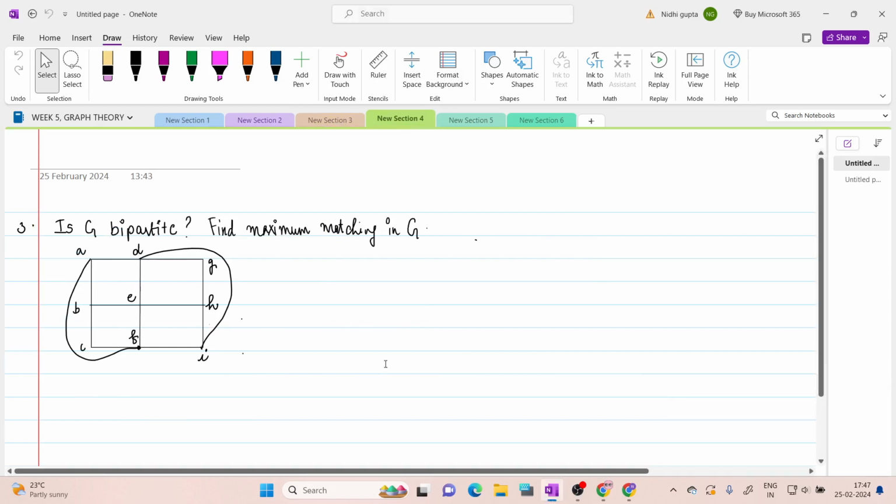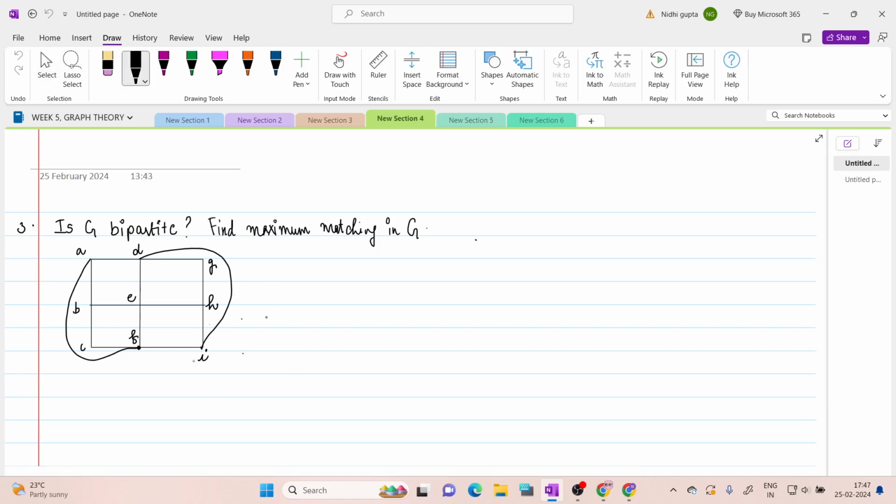Now the next question is: is G bipartite? Is this given graph bipartite? And if yes, we have to find the maximum matching in G. So this graph has 9 vertices.